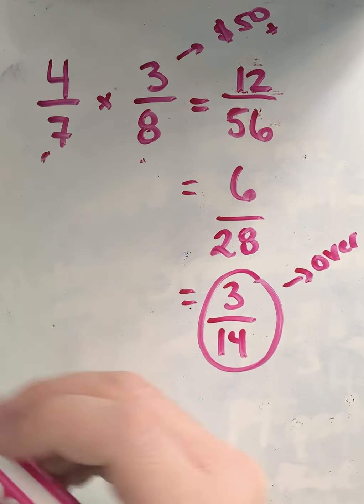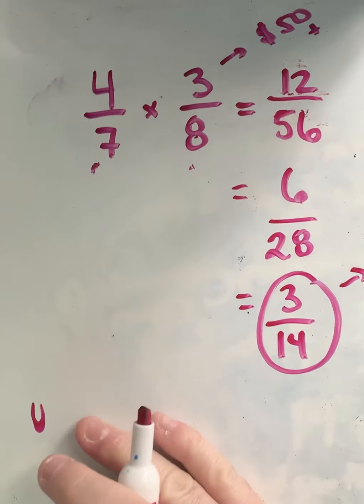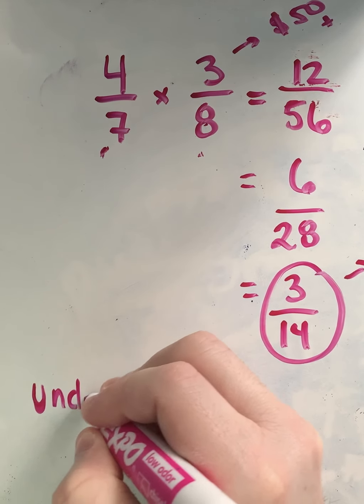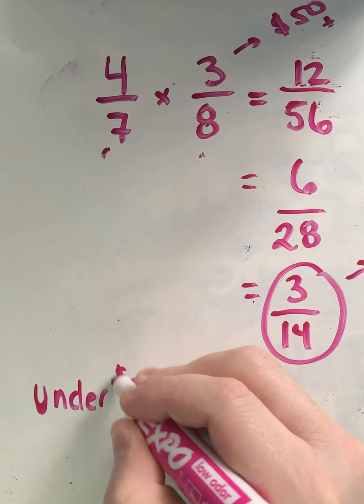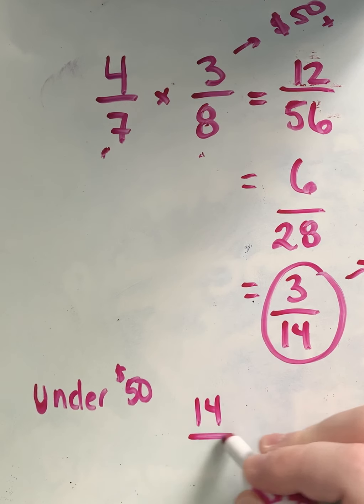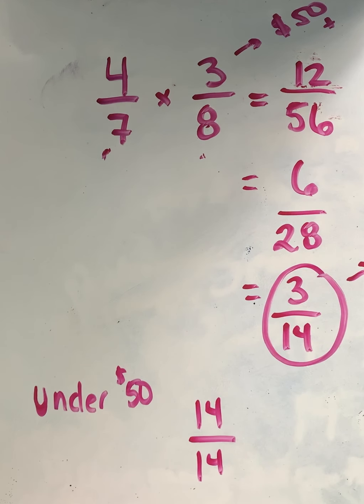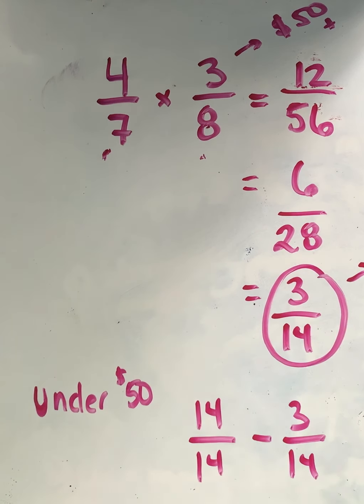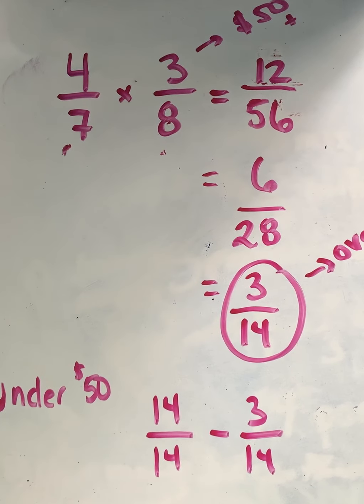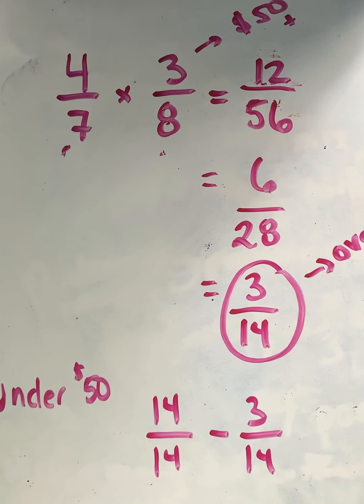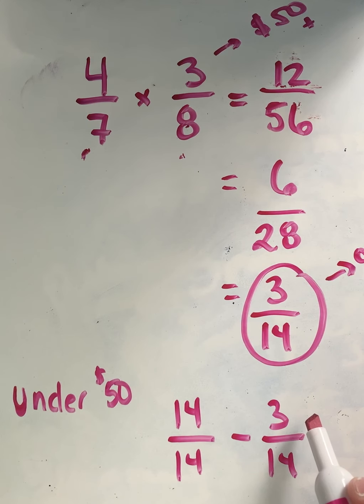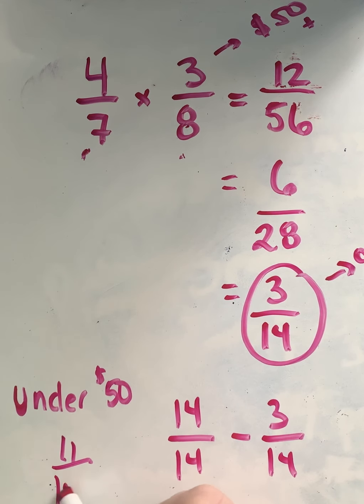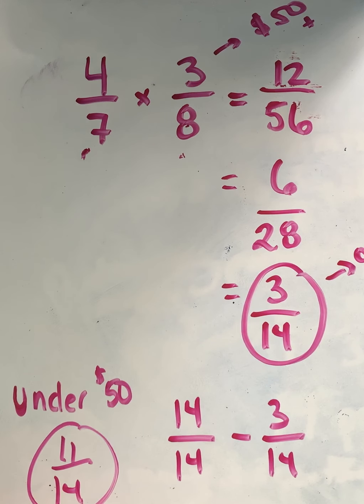Now we need to find out how many people went under $50, okay? So in order to do that, we know that in a fraction, a whole is 14 out of 14. 3/14 raised more. So whatever's left is what's going to raise under. So 14/14 minus 3/14 is 11/14 who raised under $50, okay?